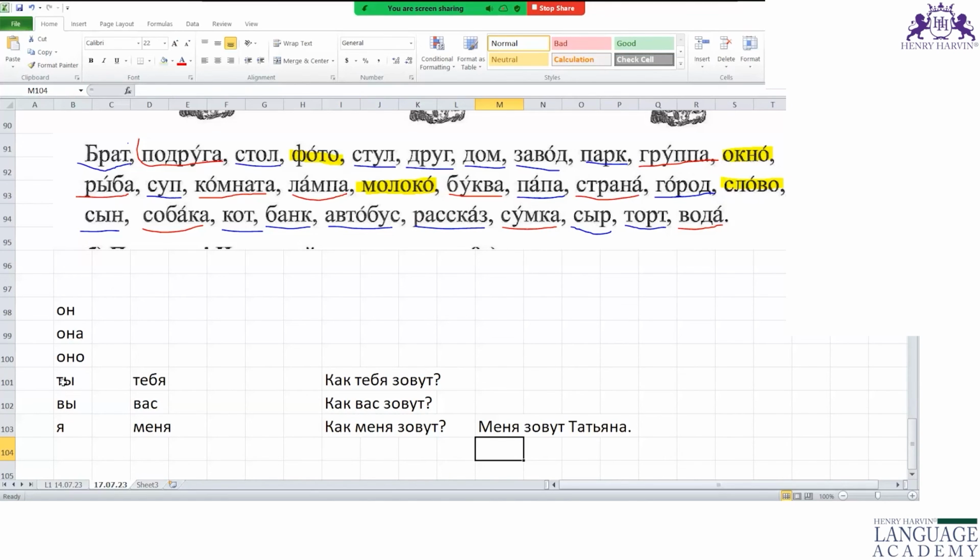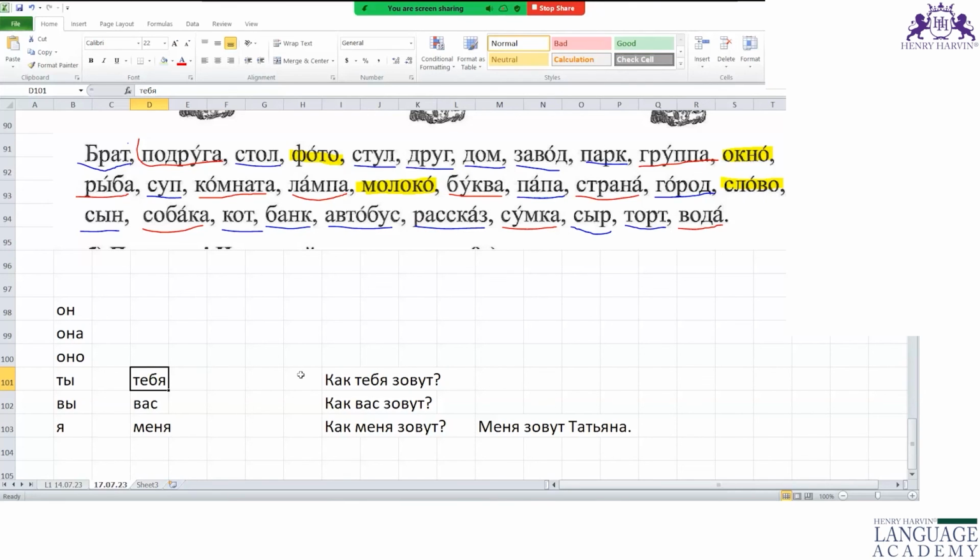Okay, so this is how we change ты to тебя using accusative case in Russian. Okay, so now you just need to remember it, that in these phrases, you do not say как ты зовут. No, we change ты to тебя because it is the grammar of some accusative case, which we will study later.